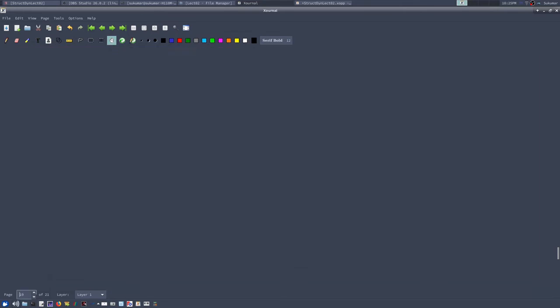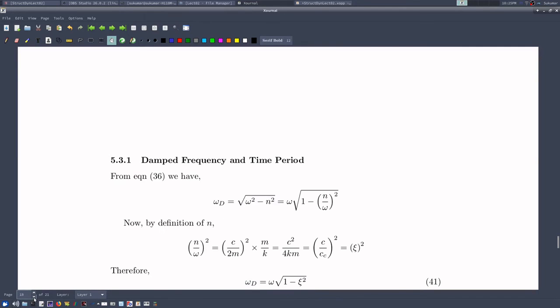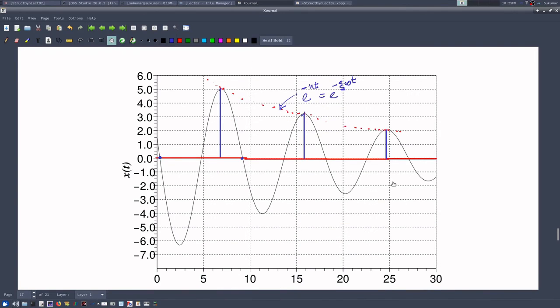In the earlier figure, we can denote these values as x1 and x2 and x3, etc. Say this height is x1, this height is x2, and this height is, say, x3, and then my delta is defined as natural log of ratio of x1 by x2, and this is also equal to natural log of x2 by x3, and so on.